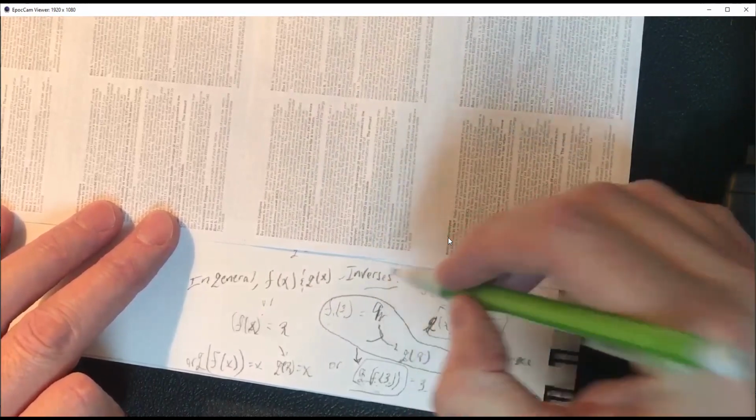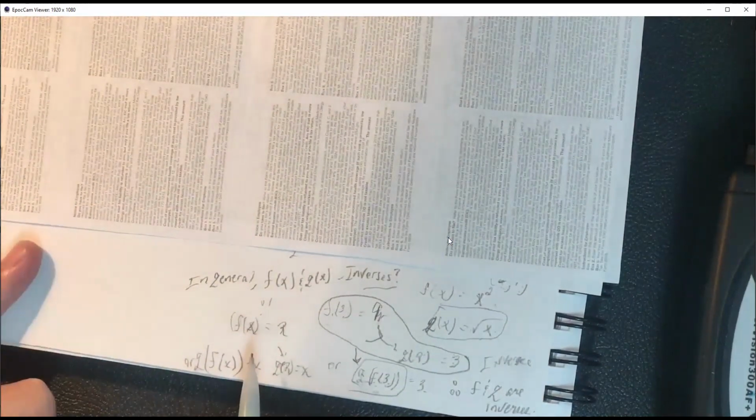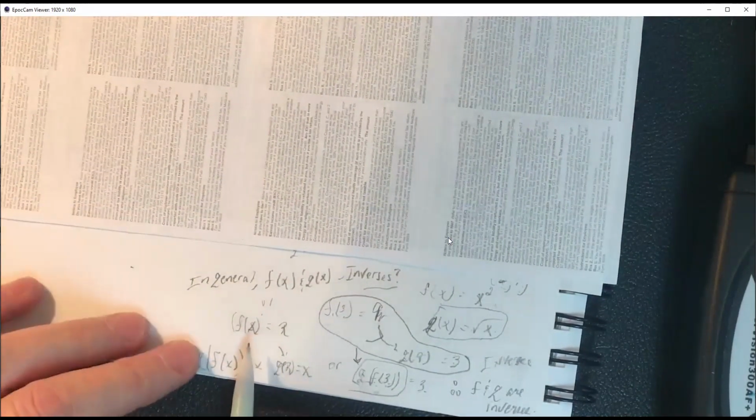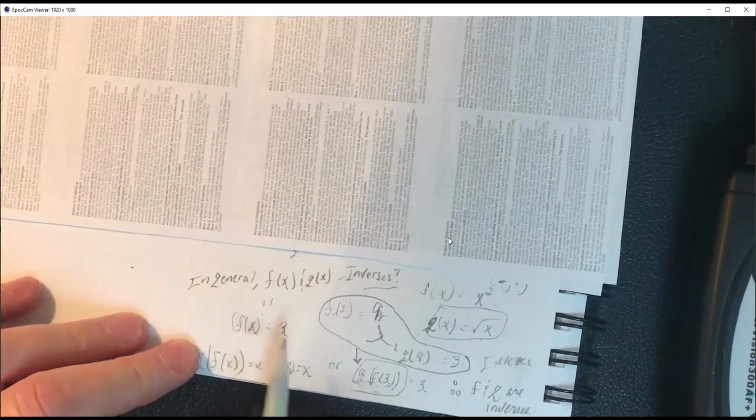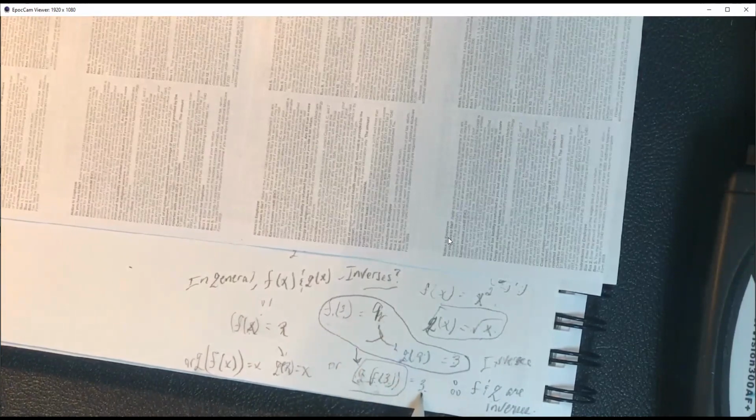What we can do is put a specific number in, like we did over here. Put in the point 3, get the mapping 9, put 9 into the other function and see if we get back to 3 or not.